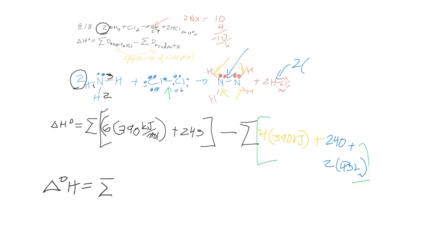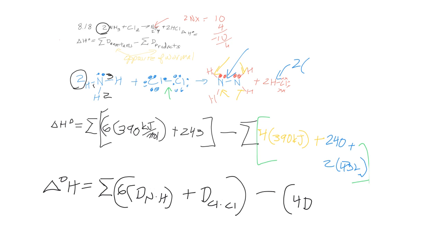What we've done here is 6 times the dissociation of the nitrogen-hydrogen bonds, plus the dissociation of the chlorine-chlorine bond, minus four times the dissociation of the nitrogen-hydrogen bond, plus the dissociation of the nitrogen-nitrogen bond, plus 2 times the dissociation of the hydrochloric acid bond.